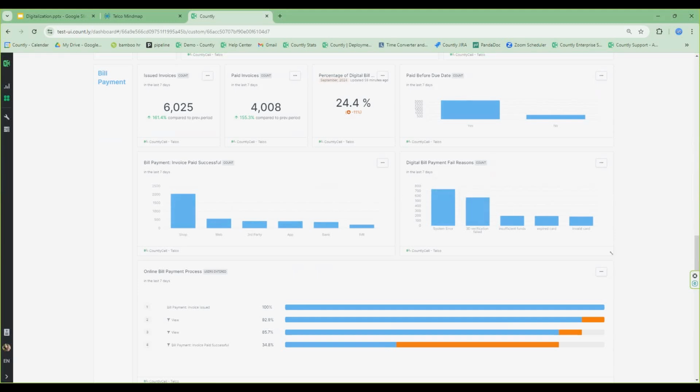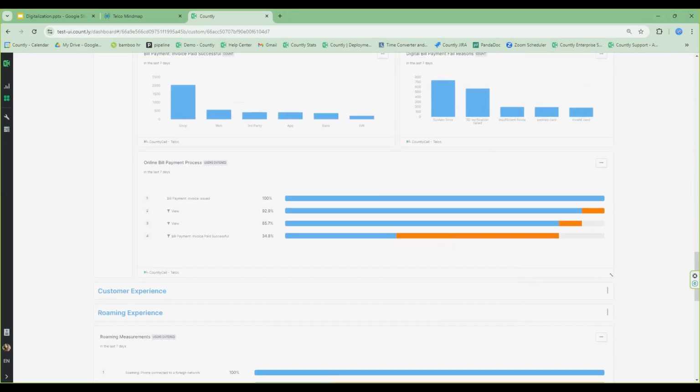When they tried to pay their bills, where did they fail? How can I fix their experience online so they don't fail in these? And I can look at the funnel by looking at their journey, where they're dropping off. What are the reasons that they're dropping off in the bill payment? So this would be helpful to fix the digital journey, to attract more users online.